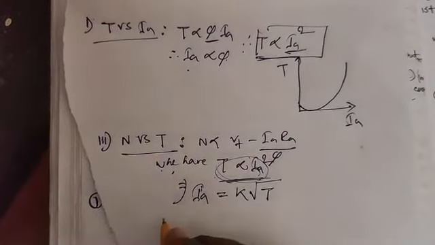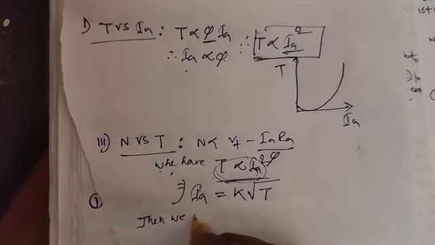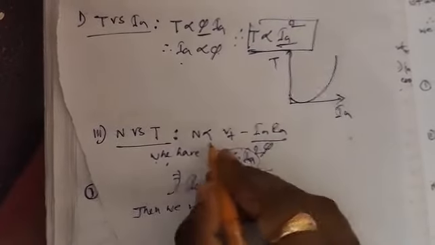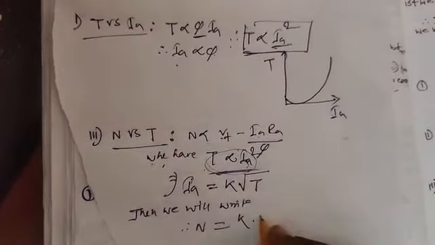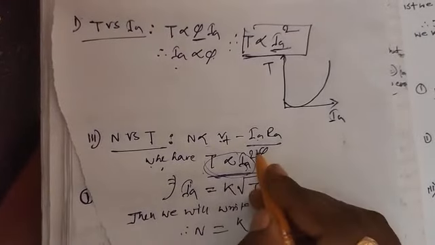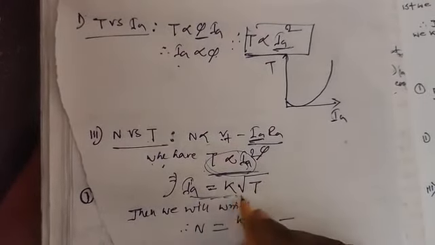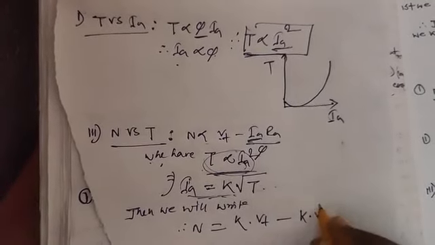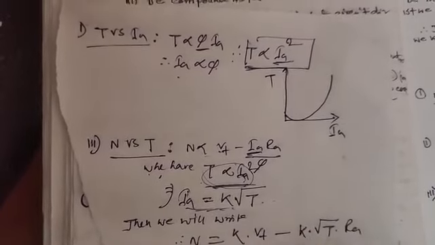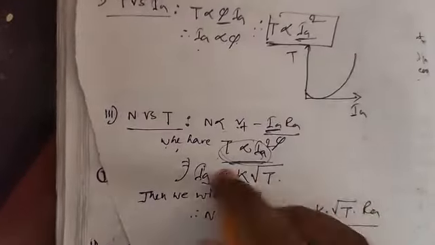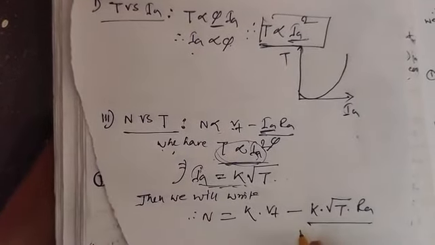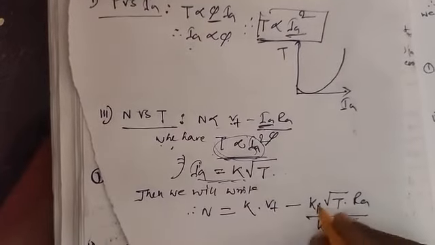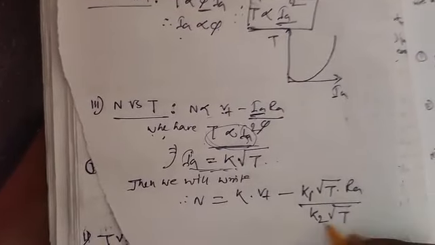Then we write N is equal to K1 into Vt minus Ia Ra by phi, putting the value of Ia equal to K into root T, and phi means K2 into root T. These are two constants, called K1 and K2.